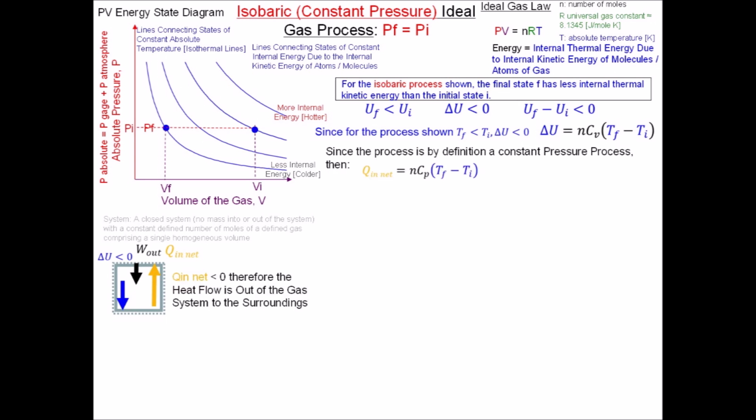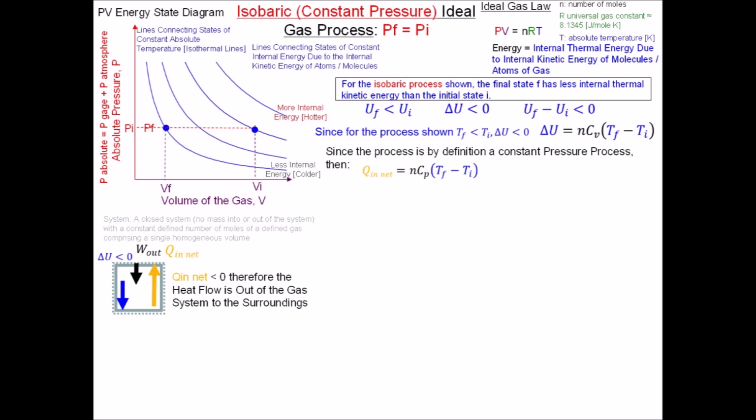And then uniquely for this isobaric, constant pressure process, there's a unique definition of the energy in terms of heat into the system, being equal to the number of moles N times the molar specific heat at constant pressure, C sub P. This process is at constant pressure.